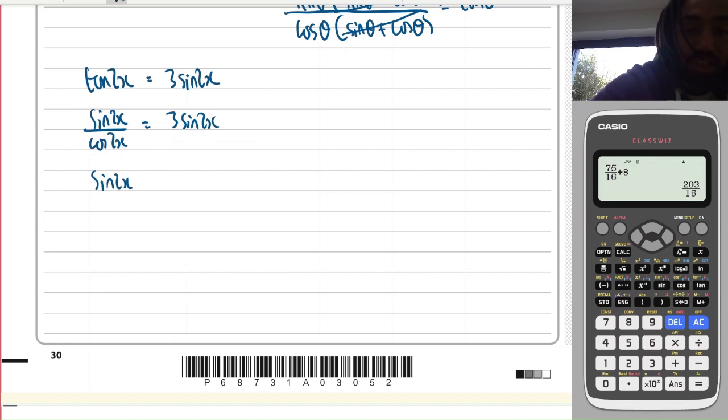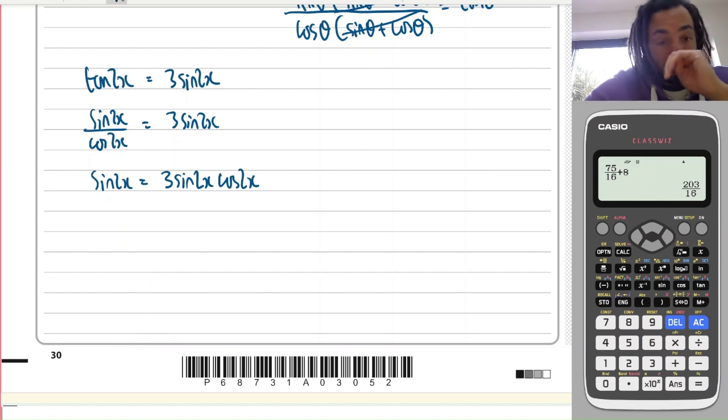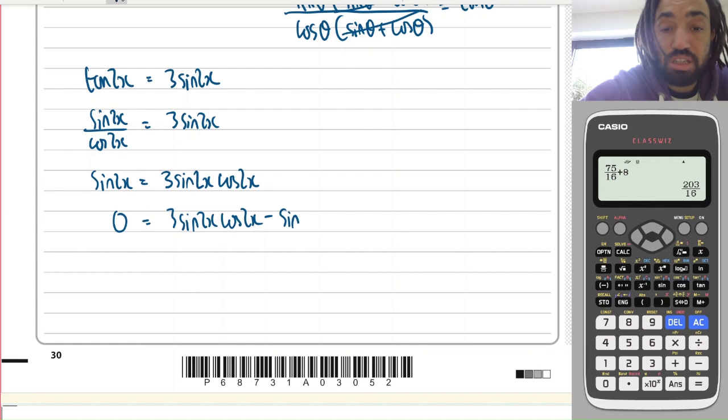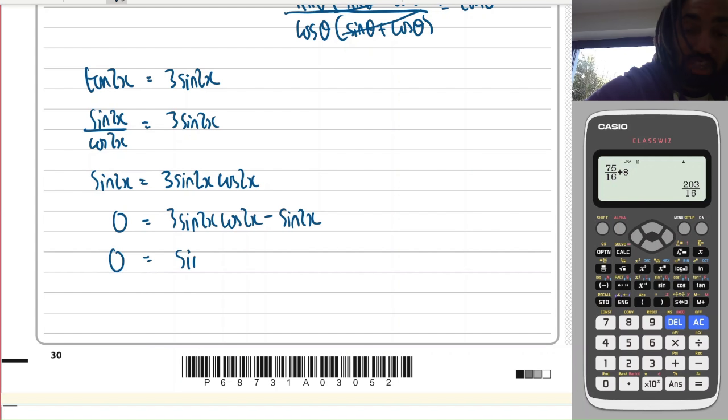And that's going to give me sine 2x is equal to 3 sine 2x cos 2x. I'm then going to set it equal to 0 by moving over this sine 2x. And then I'm going to factorize. I'm always going to factorize rather than dividing through by sine 2x.